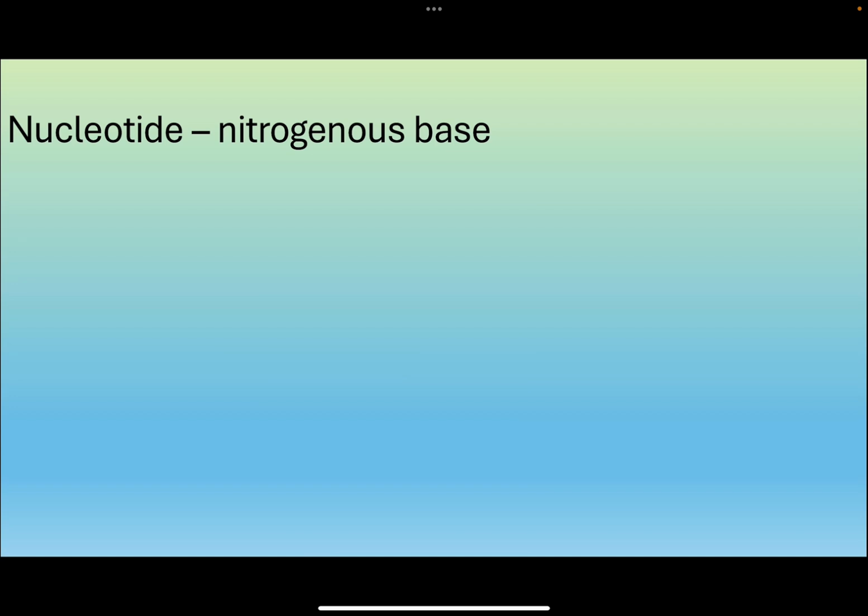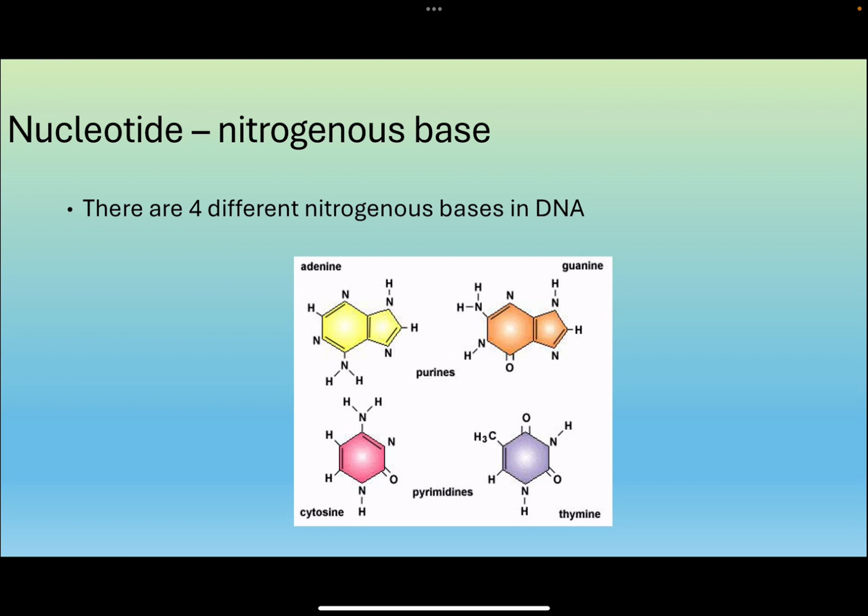Now if we look at the nitrogenous base in a bit more detail, we have 4 different nitrogenous bases. They are adenine and guanine, and if you look closely there you can see that both of them have a sort of double ring structure. So they are known as purines, whereas cytosine and thymine have a single ring structure.